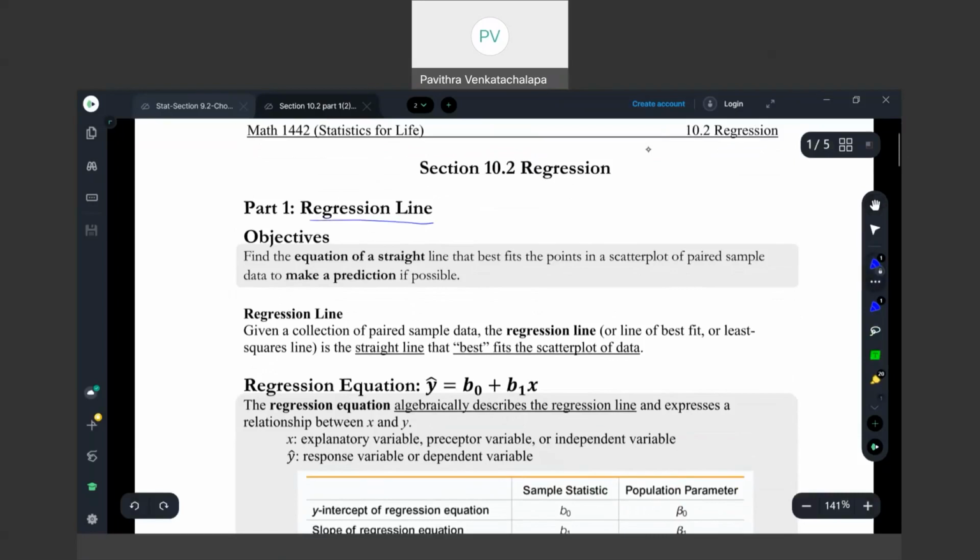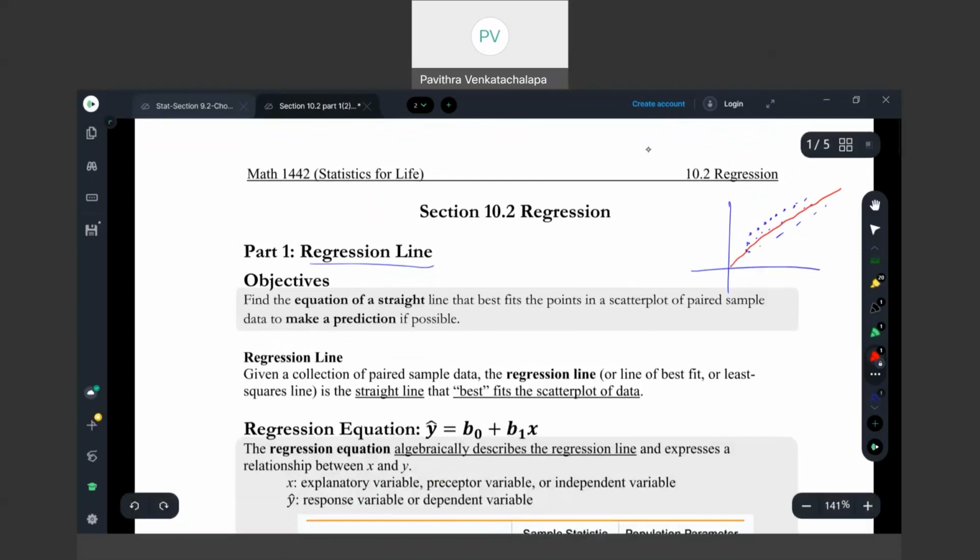Now, you know that when you plot a QQ plot, quantile-quantile plot, let's take these as some data points. Now this is a line which you see in your QQ plot, right? This line is called the regression line. Why?